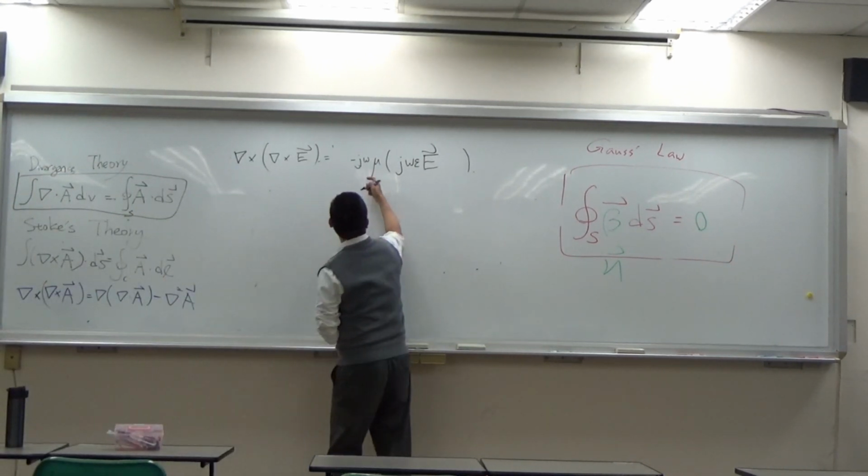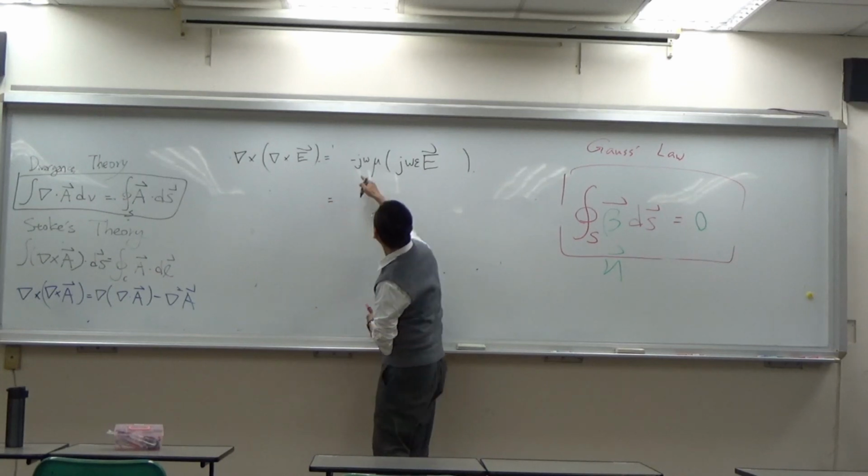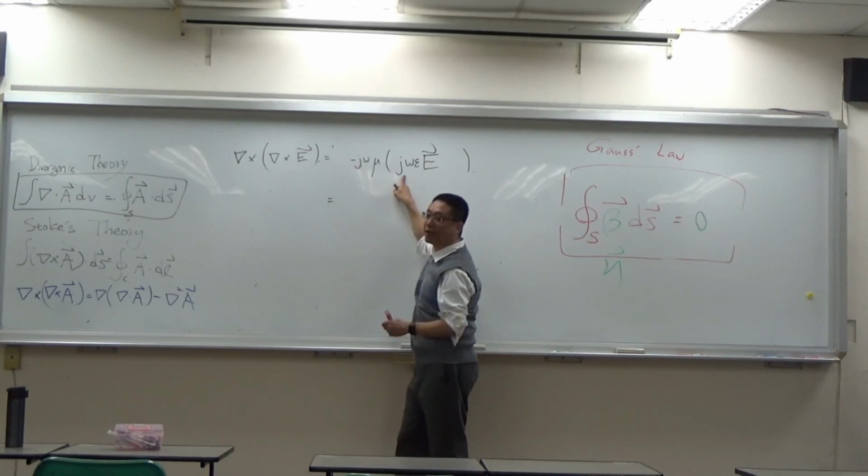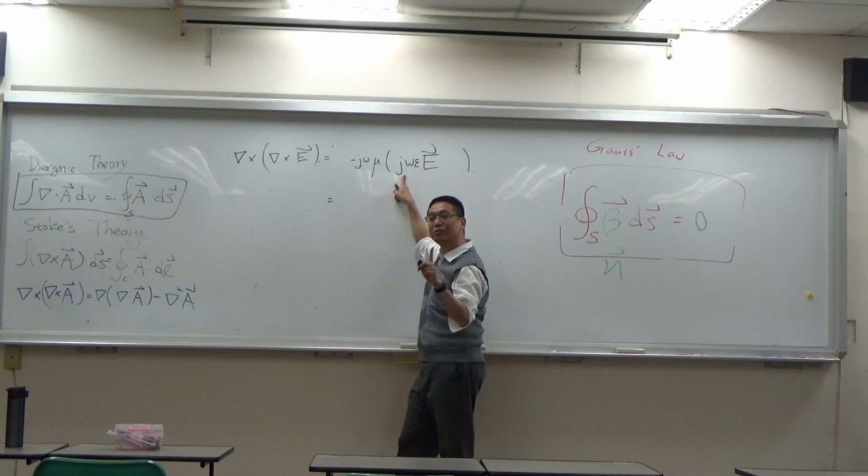Okay, so for this part, it's very beautiful. Minus J times J equals 1. J times J is minus 1, and minus 1 times minus 1 is 1.